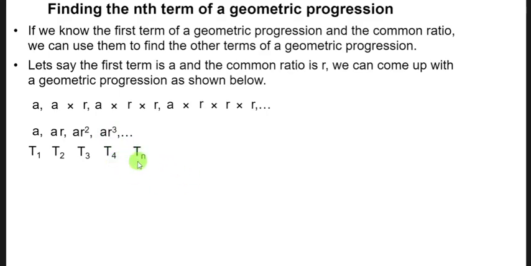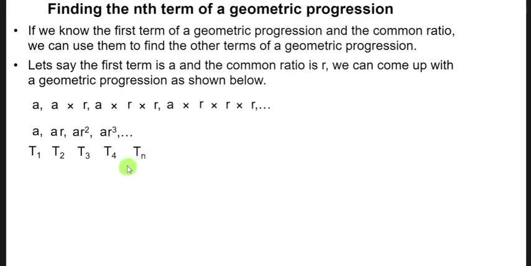We want to know the actual term if a term is occupying any position, it can be 2, 3, 4, whatever it is. So this n represents any position, then that particular geometric progression term can be found as shown.